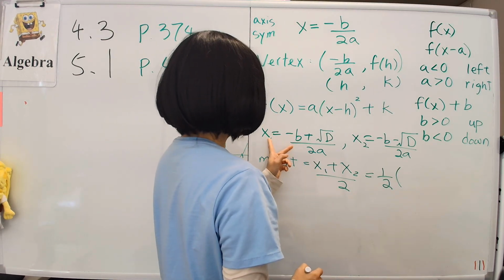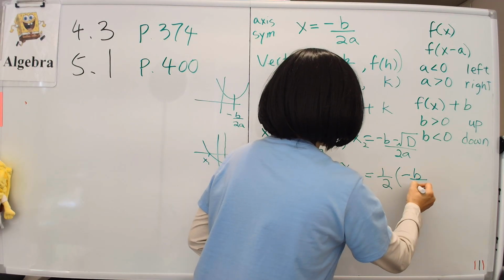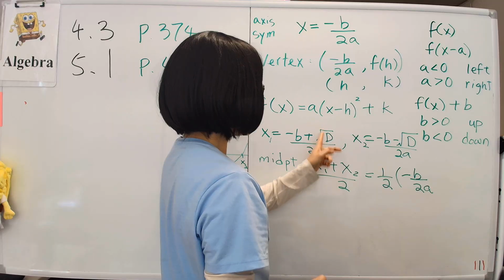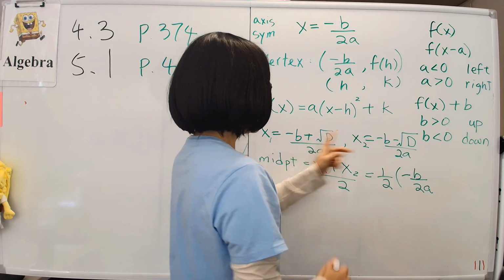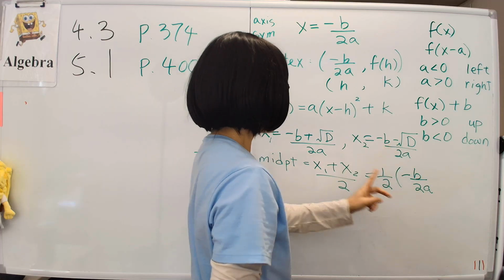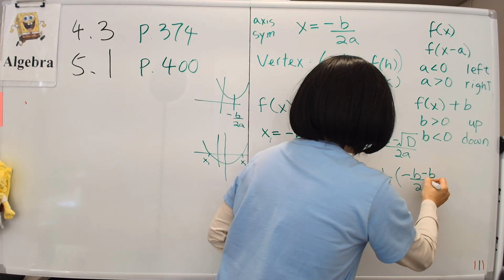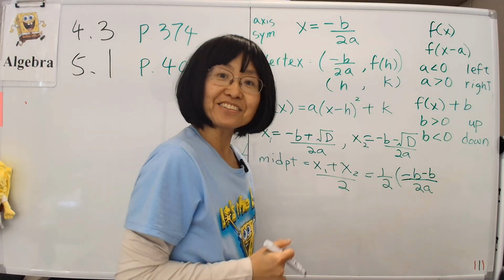Then x1 equals minus b over 2a, plus this stuff, I'll call the stuff inside the root d, because the other one is minus this stuff. So we just have minus b and minus b. That's it, because for the rest of the stuff, there's a plus and a minus one, and they destroy themselves.